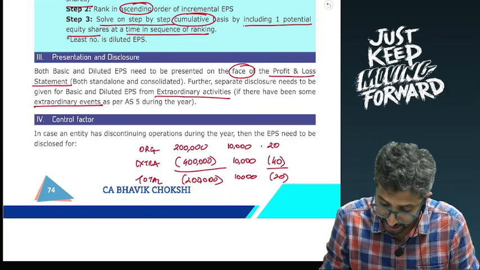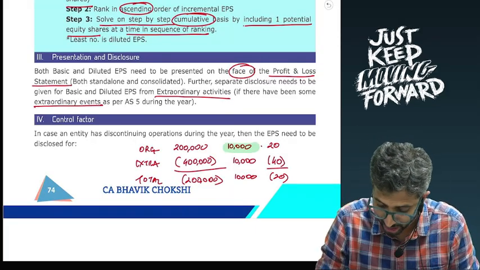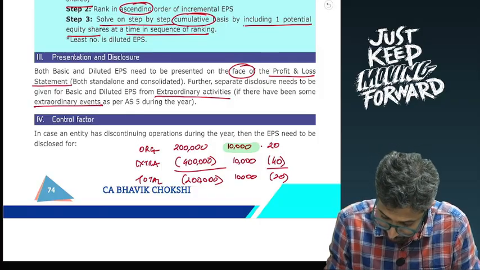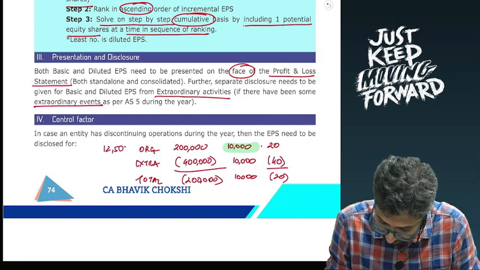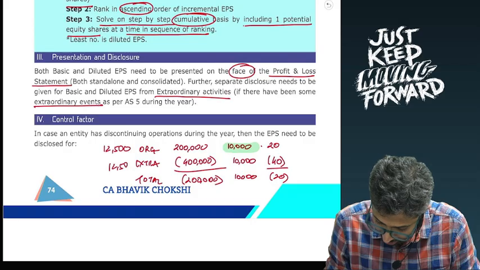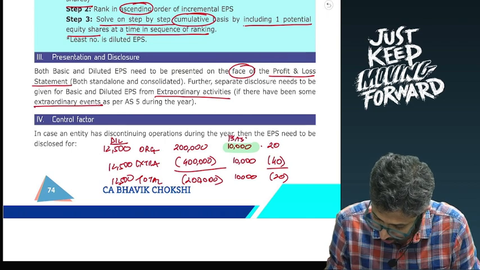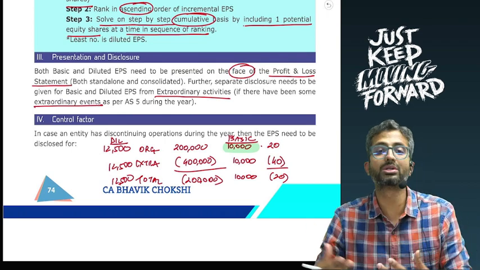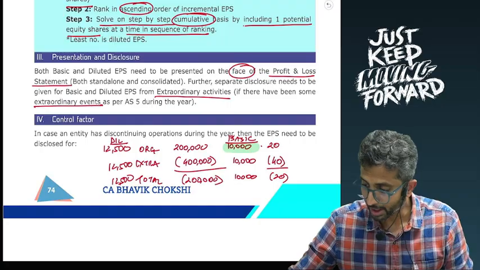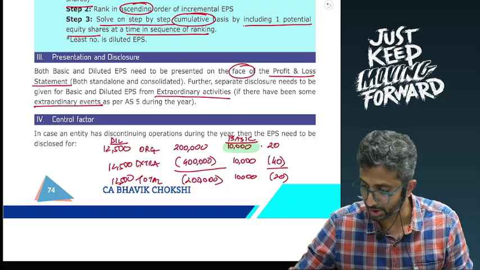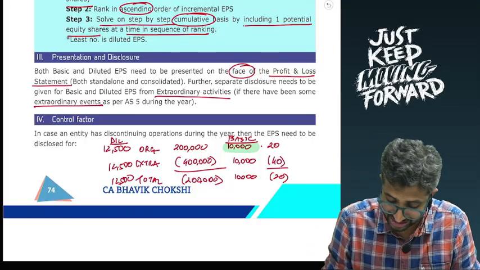Now if I include the 2,500 potential equity shares over here, then this will become 12,500, 12,500 and 12,500. This is for the diluted EPS calculation. This was for basic EPS calculation. So if I include the 2,500 potential shares, my EPS from ordinary activities will be 2 lakhs divided by 12,500, which will be 16 rupees.